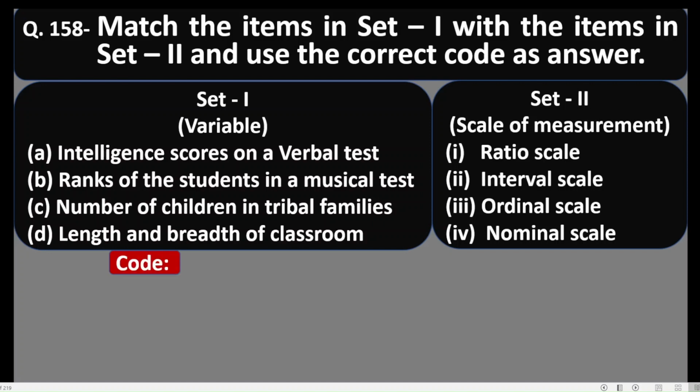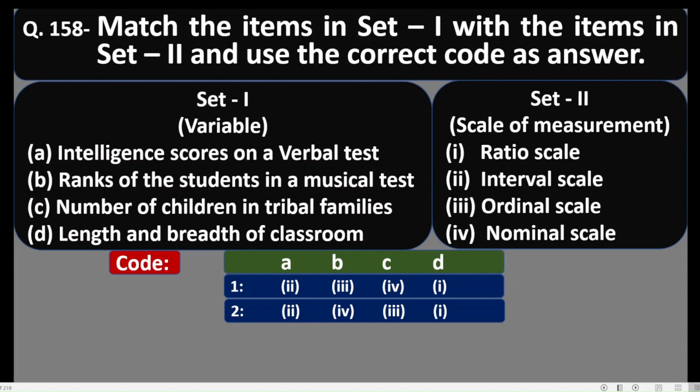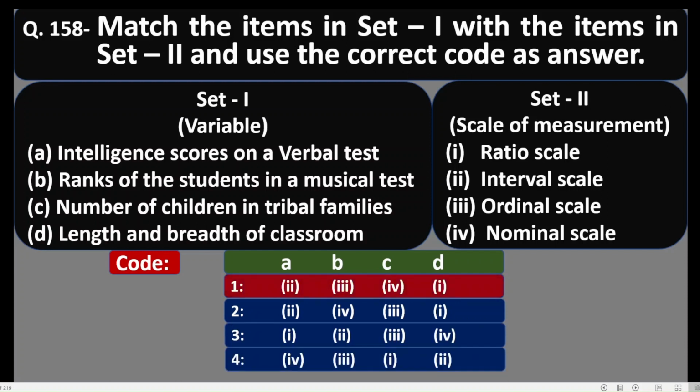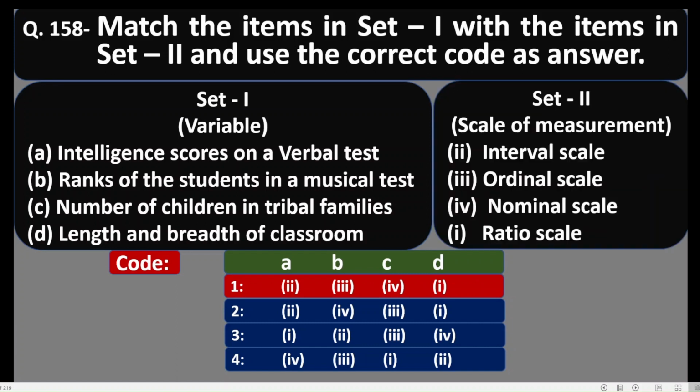So matching, let us see the options A, B, C, D, 1, 2, 3, 4. We have already seen the matching. It is given in option number 1. According to that, A of set 1 is related with number 2 of set 2, B of set 1 is with number 3 of set 2, C of set 1 is with number 4 of set 2, and D of set 1 is related with number 1 of set 2.